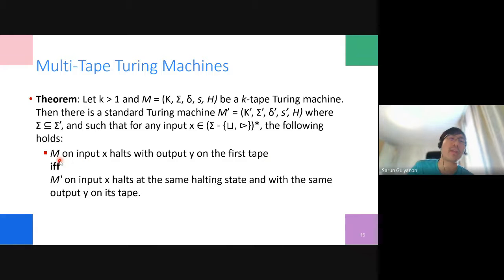So when this machine M, given the input X, halts, and the output Y will be on the first tape, then what we can do is build an equivalent standard Turing machine that will halt on the input X as well. It will be in the same halting state and also have the same output Y on its tape. So this is what the theorem says, that we can do that.